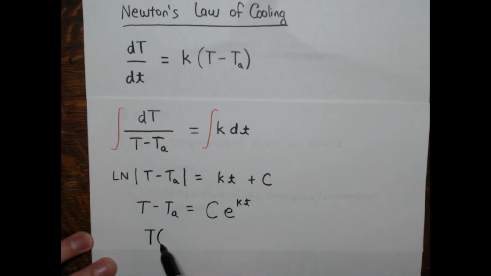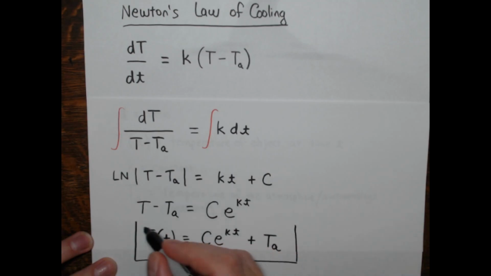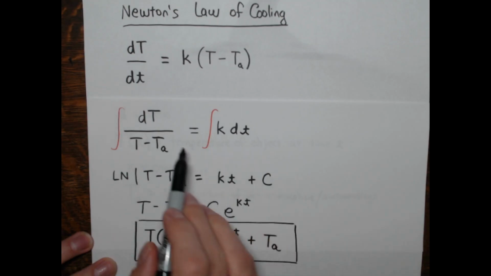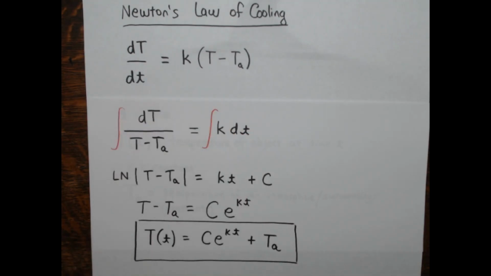So T of little t, when I solve for capital T, I'm getting some constant times e to the kt power plus the temperature of the atmosphere. So here's the general solution to an equation that's modeled by this Newton's law.